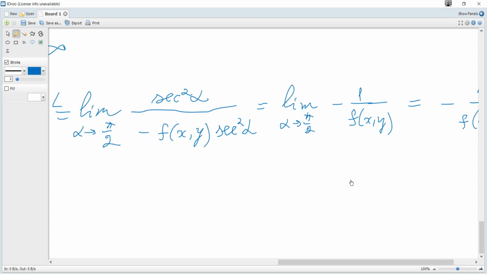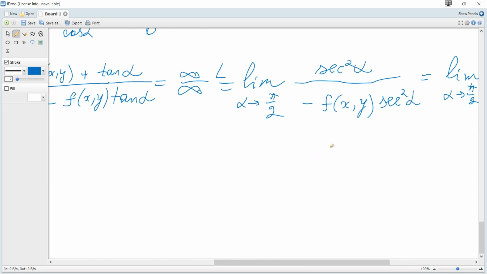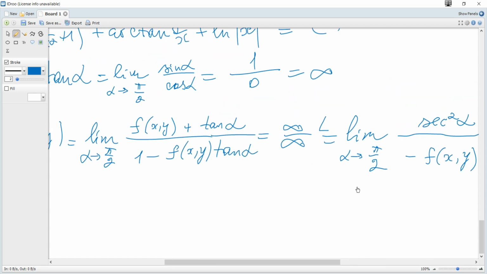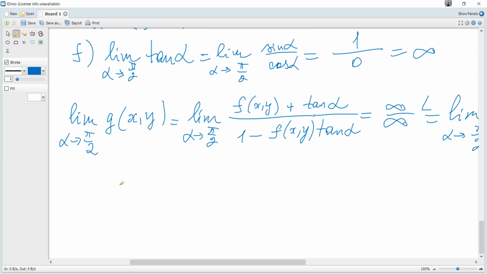It's correct, but this method is not represented in mark schemes. In mark schemes there are two other methods which may be easier. If we consider limit when alpha tends to pi over 2 of tangent, it's what? It's 1 over 0. So if you consider limit of 1 over tangent, hence it will be what? 0 over 1, it will be 0.